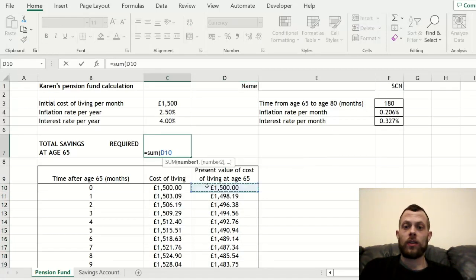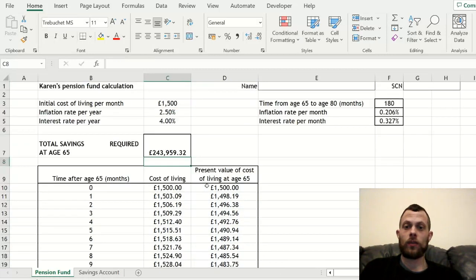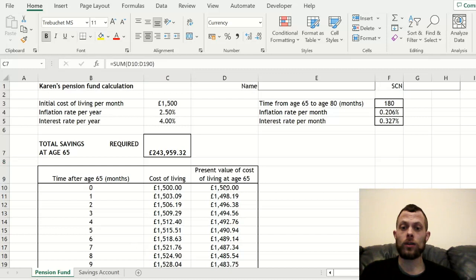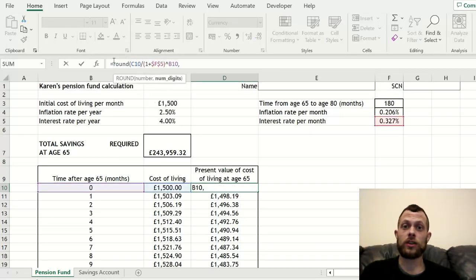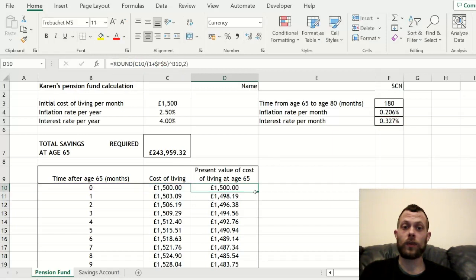So now to find the total, the sum of that column, and that's what we had to show. To do this properly, we should use the round function on these present values. So let's change these formulae to use round, and it'll just change the final answer by a few pence.